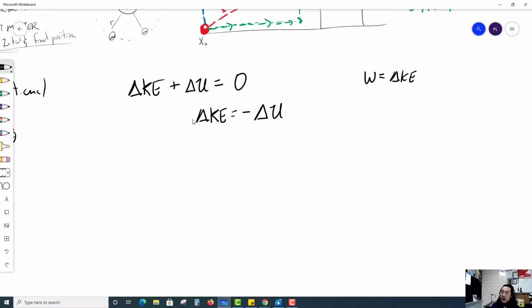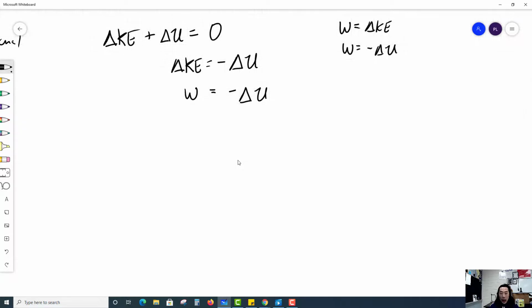So I'm going to substitute in my delta KE with W, my work. So work is equal to the negative change in potential energy. Notice it looks a lot like the formula above, except there's a negative. And there's a very important reason for that negative, and we'll get into that in a little bit. Okay? All right, so after that, we can do a little bit of our math stuff.